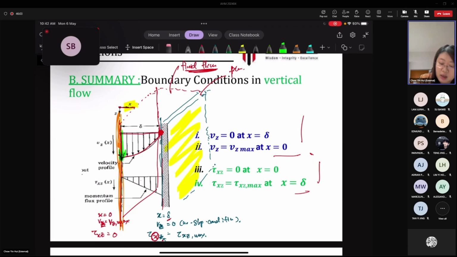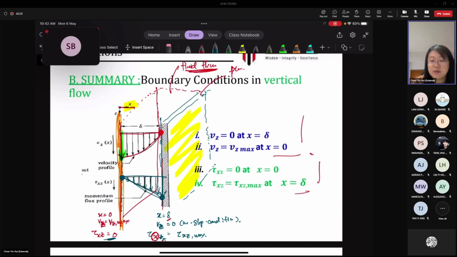At the same time, because the fluid velocity is maximum at x equals 0, your momentum flux or the shear stress there is 0. Then at x equals delta, the magnitude is the highest. So that's the momentum flux profile for fluid flow down a vertical plate.